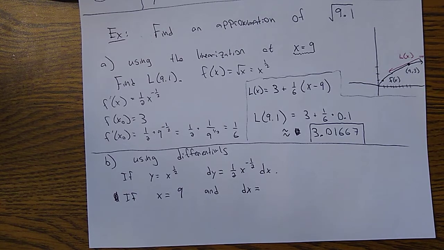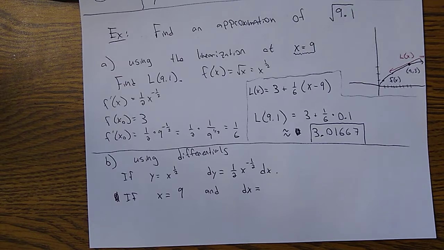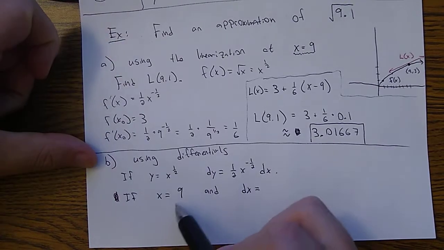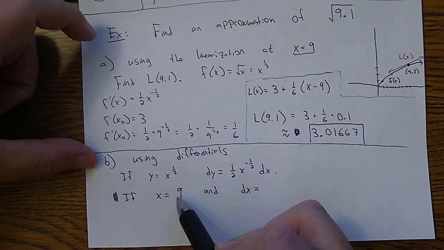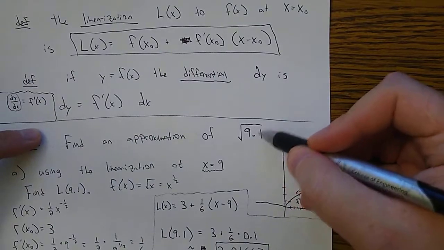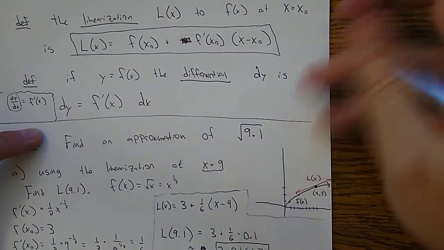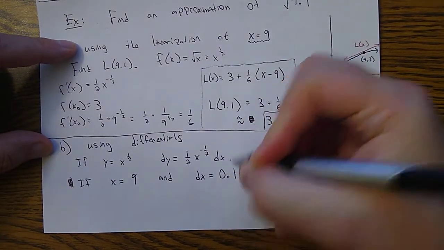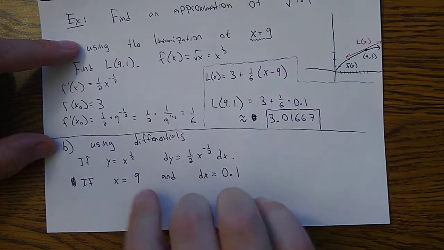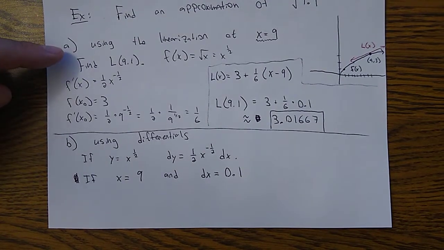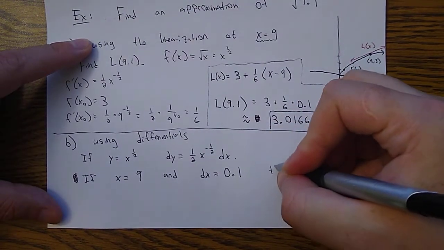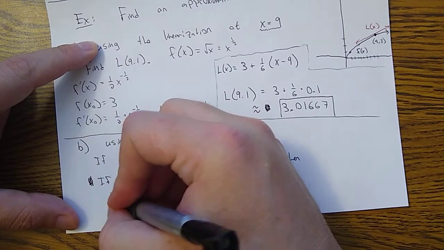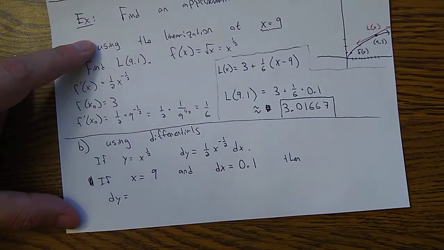What is the small change that I would like to make to x? The small change I would like to make to this x is 0.1. I would like to add 0.1 to it. So dx is how much I want to change x by. And I plug that in to find dy.